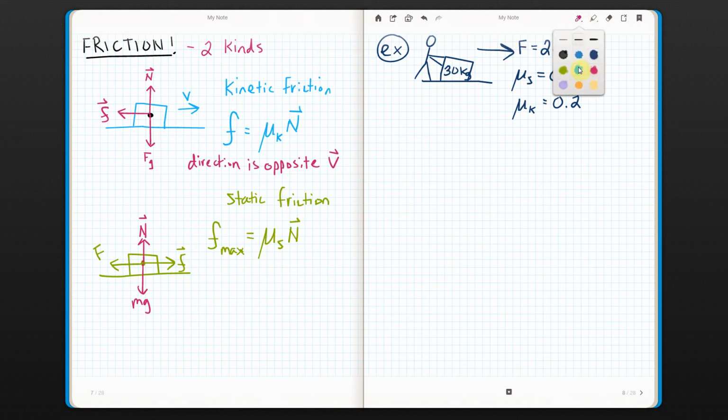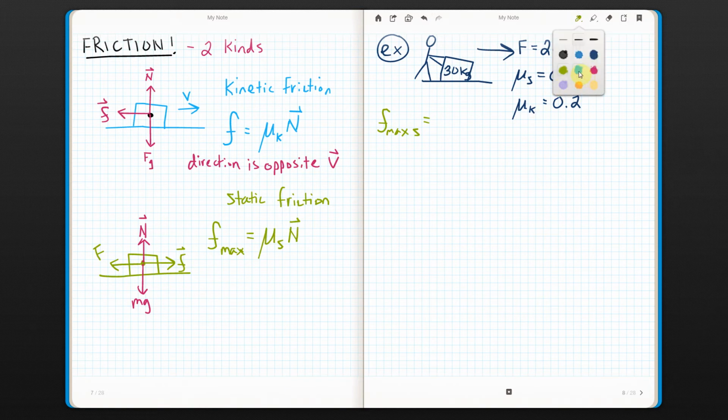Well, I know that the maximum amount of static friction that this box could have, F_s max, is mu s times the normal force. I am pushing straight to the right.